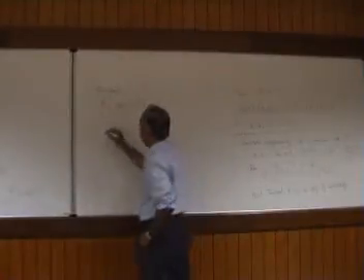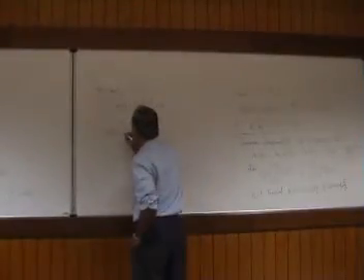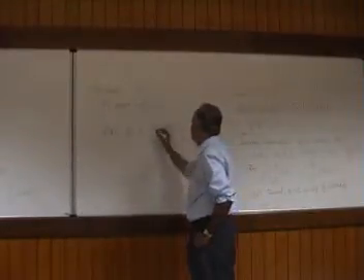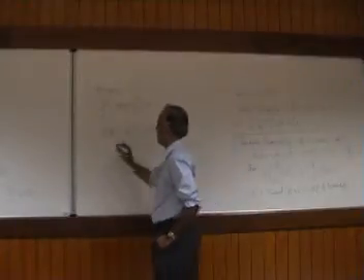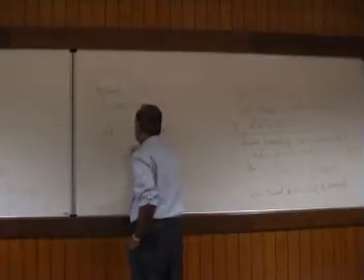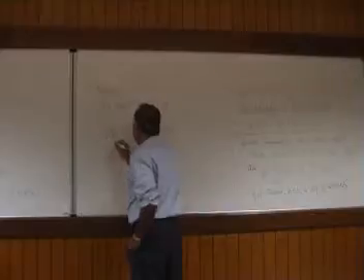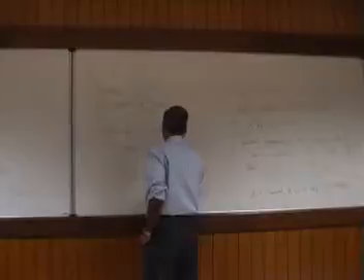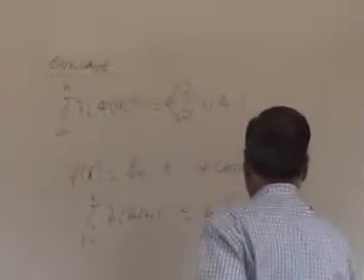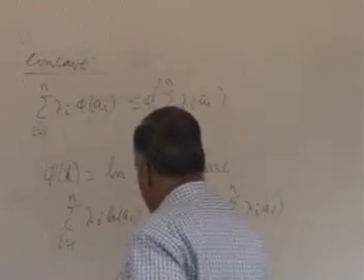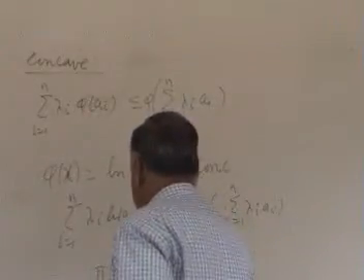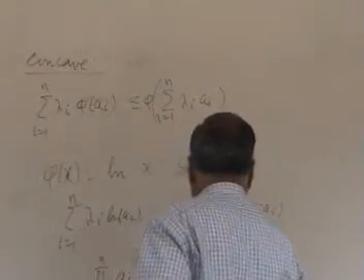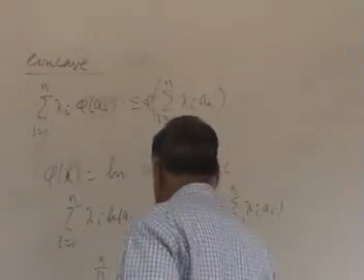Now phi equal to log x is strictly concave, and therefore the summation lambda i log a i, i equals 1 to n, is less than or equal to log of the summation lambda i a i, and taking antilogs, you get the product of a i to the power lambda i is less than or equal to the summation lambda i a i.